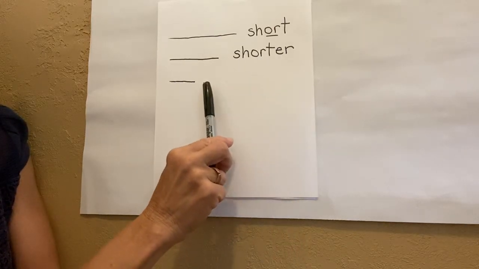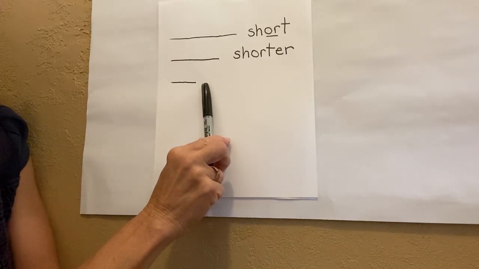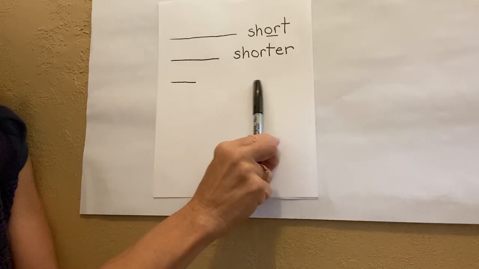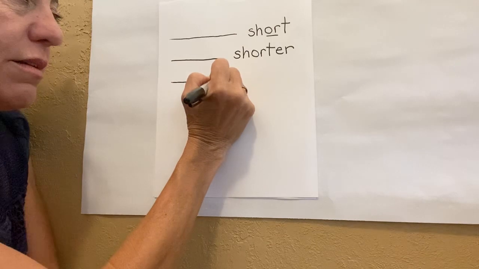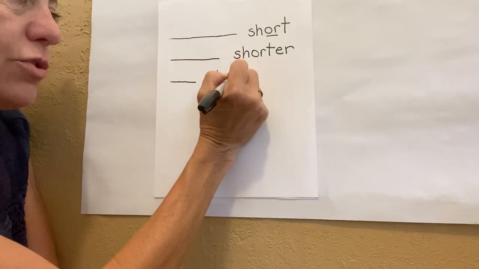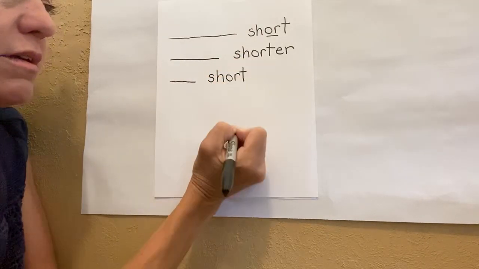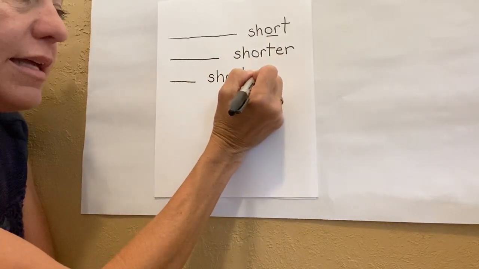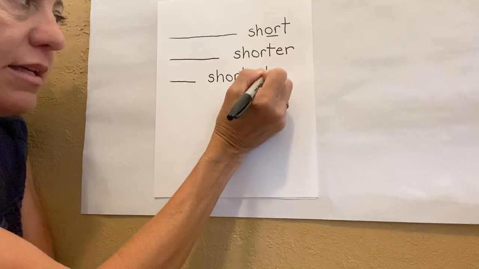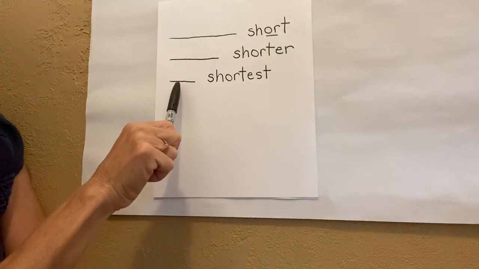And this one is we say shortest. Keep the same base word. Short, short, short. But now add E-S-T. This one is the shortest.